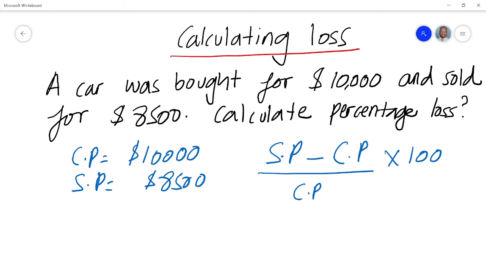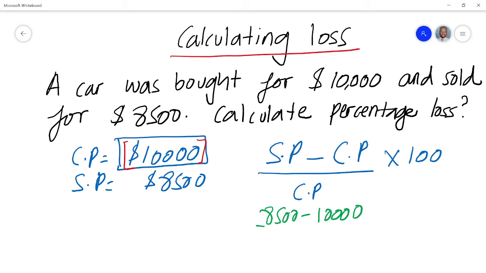That's your selling price minus your cost price, over your cost price, because that's your original, and as I mentioned before, your denominator will be your original, times 100. If you work that out, that's going to be 8,500 minus 10,000 over 10,000.